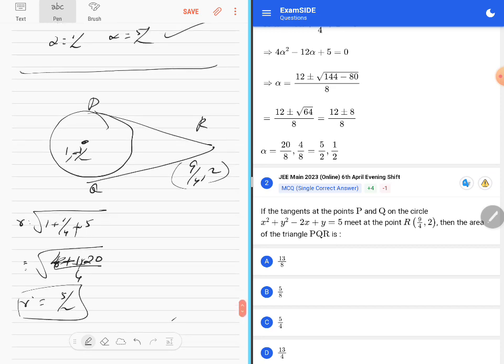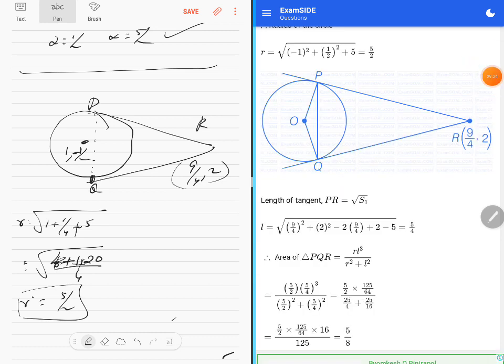Now what is it that we want? Find the area of triangle PQR. Whenever they ask you for the area of triangle PQR, you can do a circle using this, which obviously will pass through that.